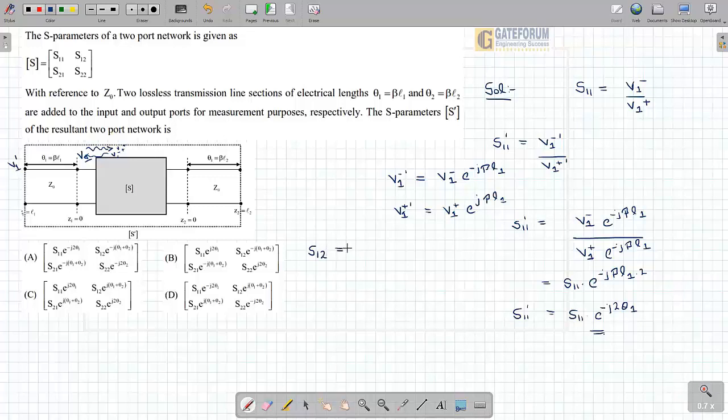In general, S12 is V1 minus upon V2 plus. Now S12 dash will be given by V1 minus dash upon V2 plus dash.